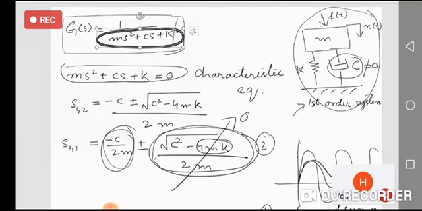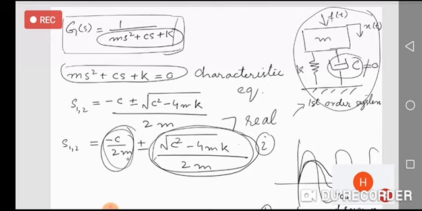Okay? Now, when this term becomes equal to 0, we say that the system is critically damped. If this term is not equal to 0, but it is real, हो सकता है ना?